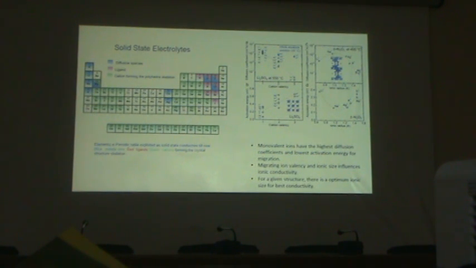In the same way, if you see most of the solid state electrolytes, you will see transition metals in the first row. That is 3d metals. Titanium. Transition metal first row means, I'm a chemist, so I assume that everyone knows transition metals and everything. But what it means is this row. 3d means this row.